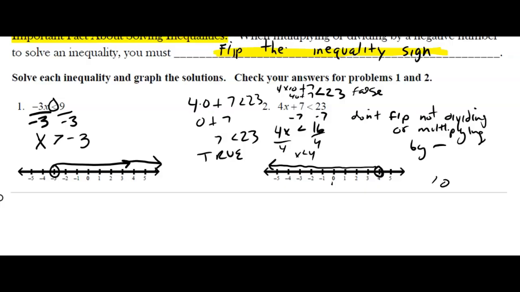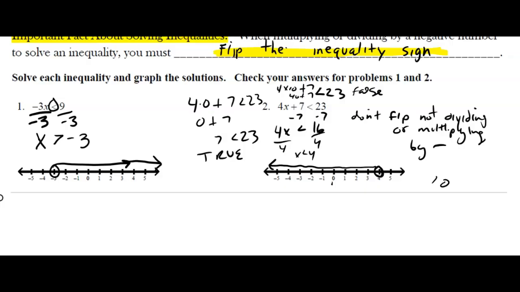Okay, so that's how you check your work. You pick 1 on each side. You can always also pick the 1 right here. If you were to pick the actual number that you use as a part of your solution, you could try that. In this case, if I put the 4 in, 4 times 4 is 16, plus 7 is 23.